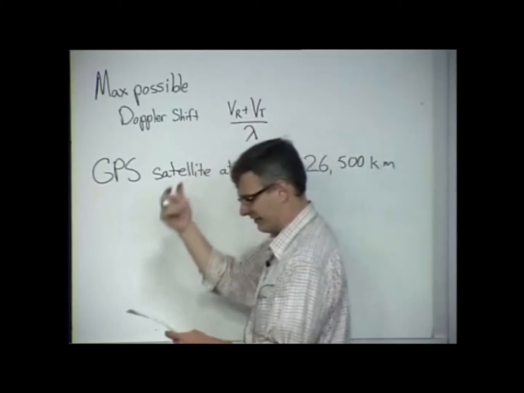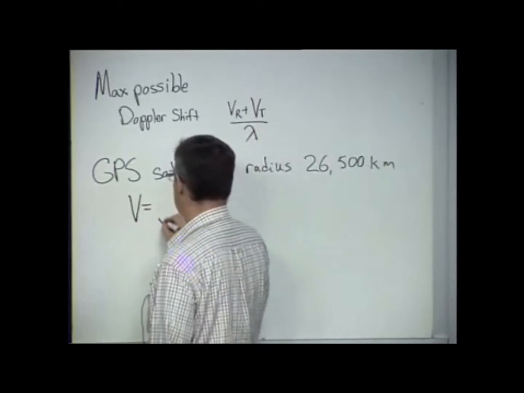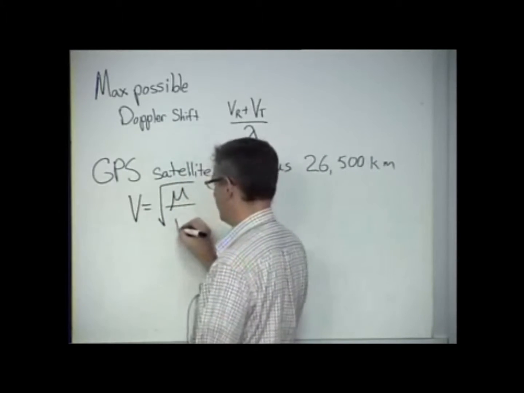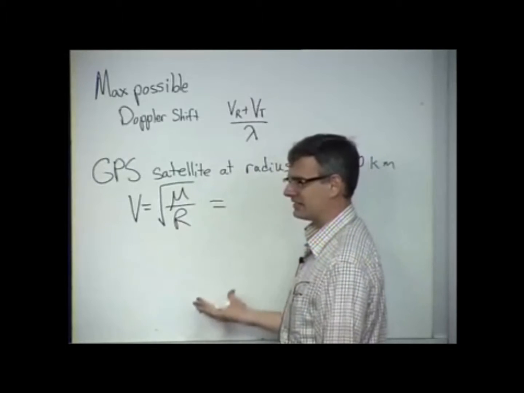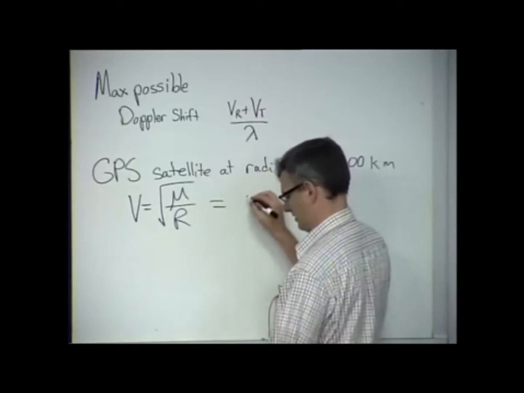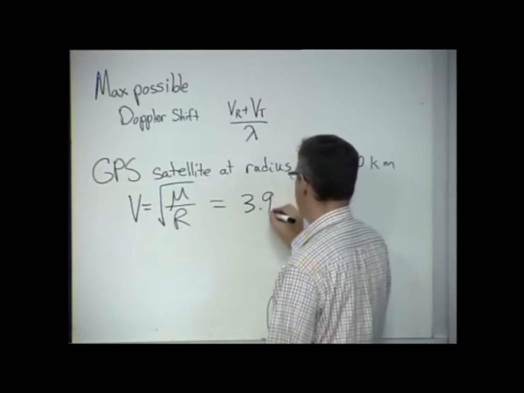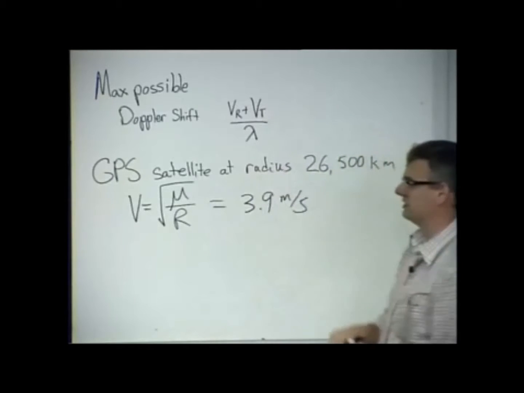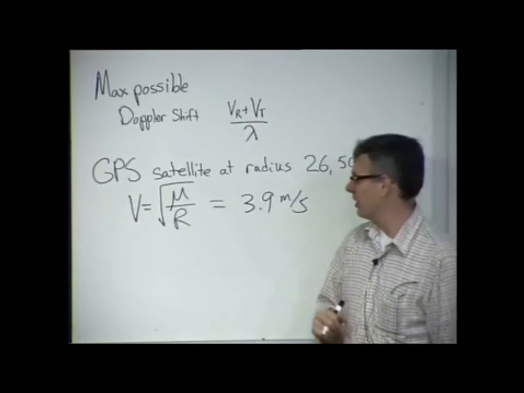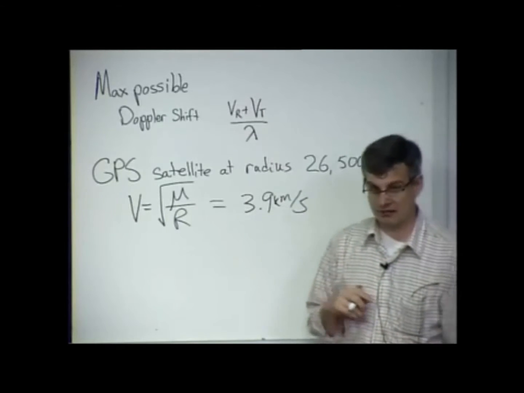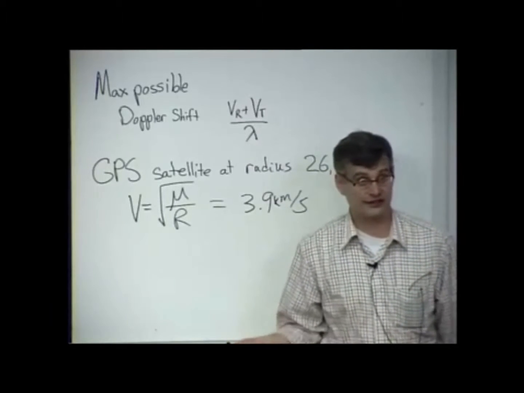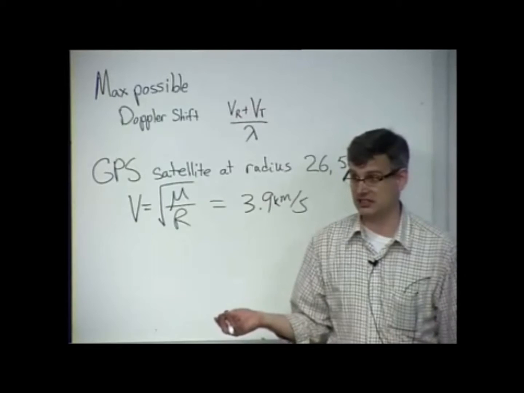If I go back to the very first week of this class, and I take the square root of Kepler's constant for Earth divided by that radius, I get the velocity of a circular orbit, which is 3.9 kilometers per second for this particular satellite. It's about 4,000 meters per second. That's really fast relative to Earth-based distances, right?